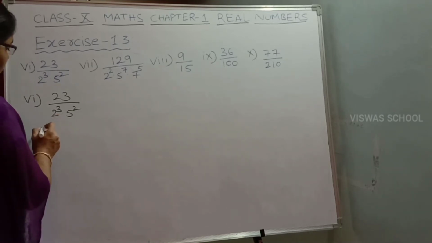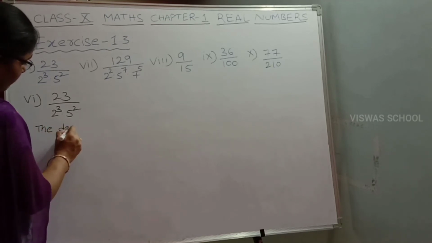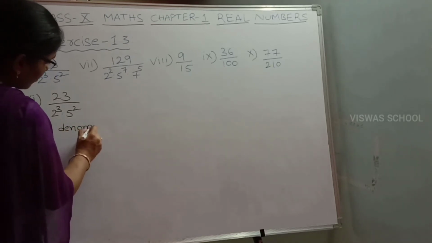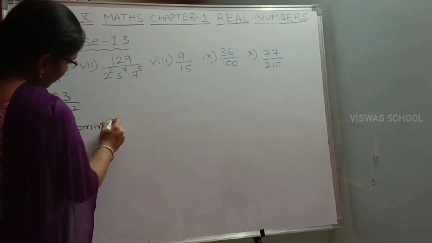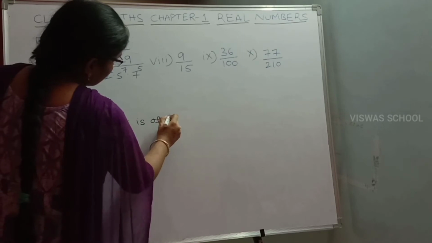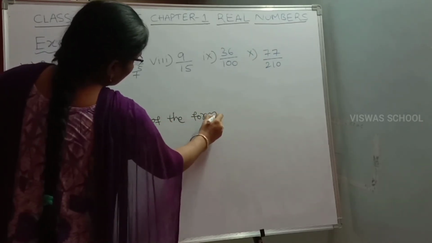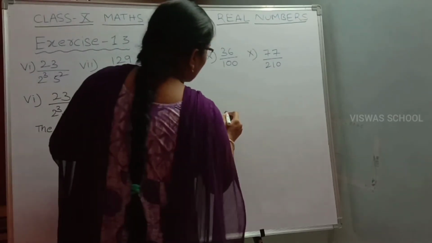But here the denominator is of the form 2 power n into 5 power m.